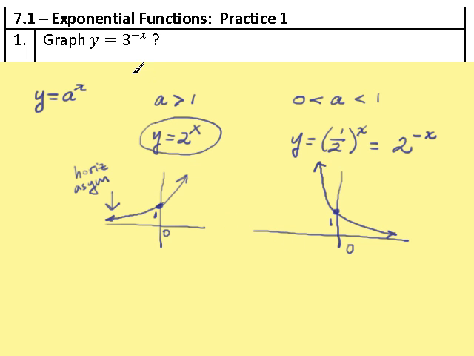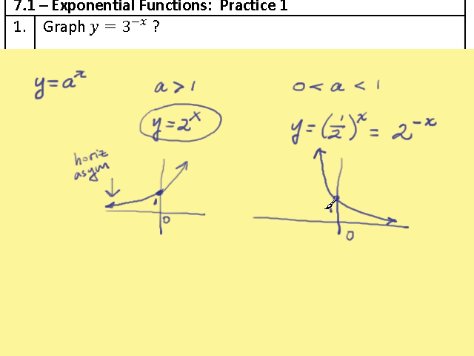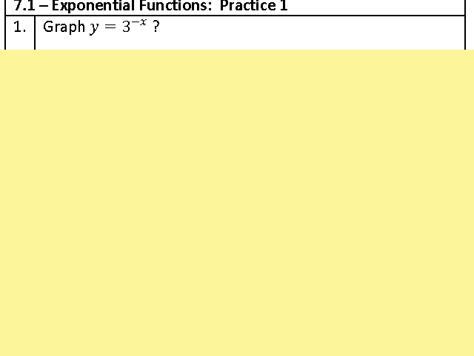So we're looking at y equals 3 to the minus x. Let's graph this a little more precisely. Remember, we can think of this as 1 over 3 to the x, or 1/3 to the x. So when x gets larger, like when x is equal to 2, we're squaring 1/3, so we have 1/9.